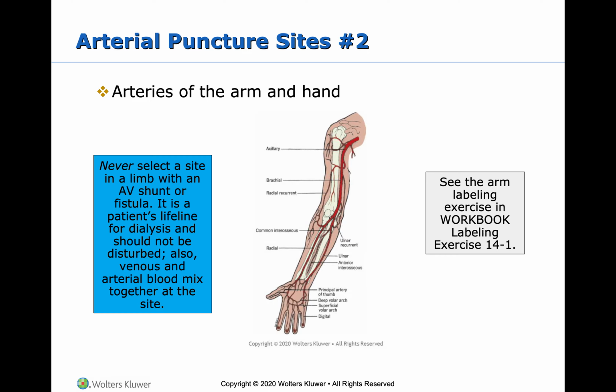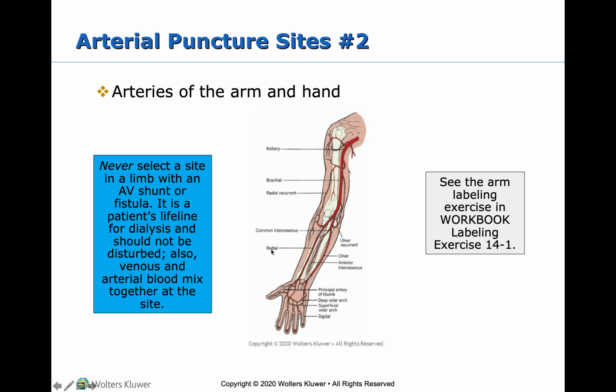Okay, so we talked about what was in the blue box already. Never select a site in a limb with an AV shunt or fistula, as it is a patient's lifeline for dialysis and should not be disturbed. So, what I want you to know on this slide is your brachial, radial, and ulnar arteries of the arm.